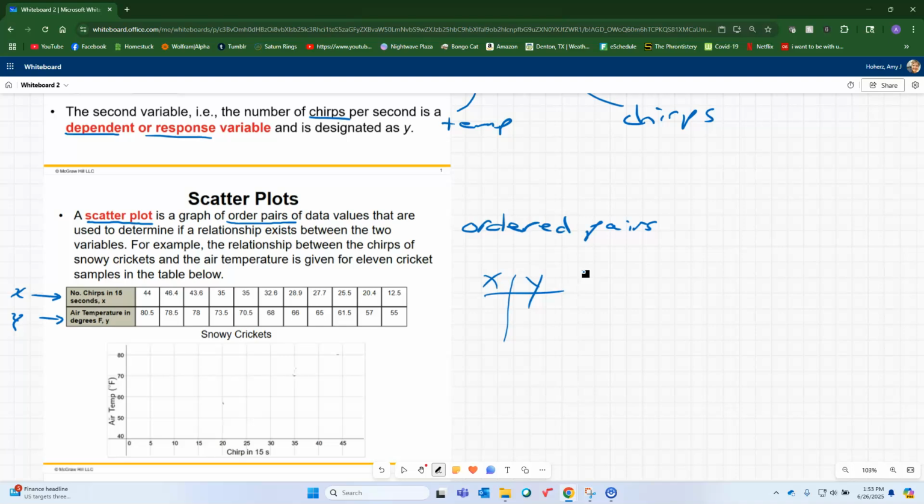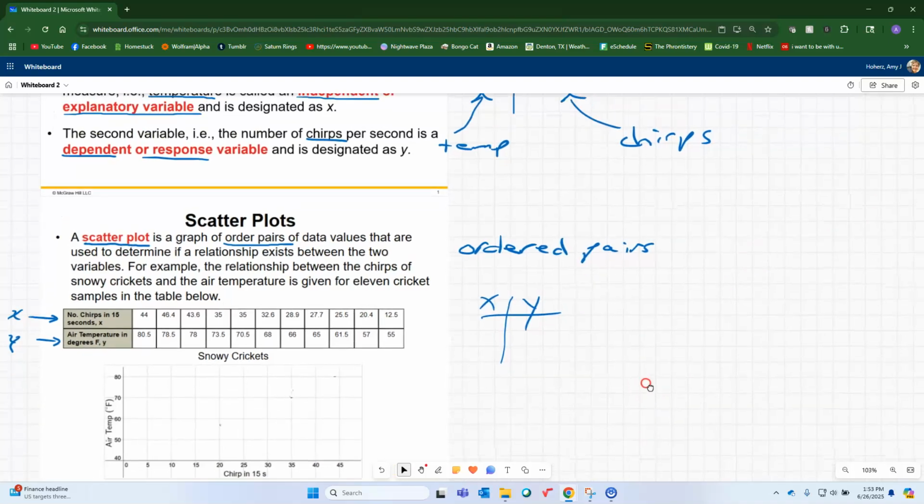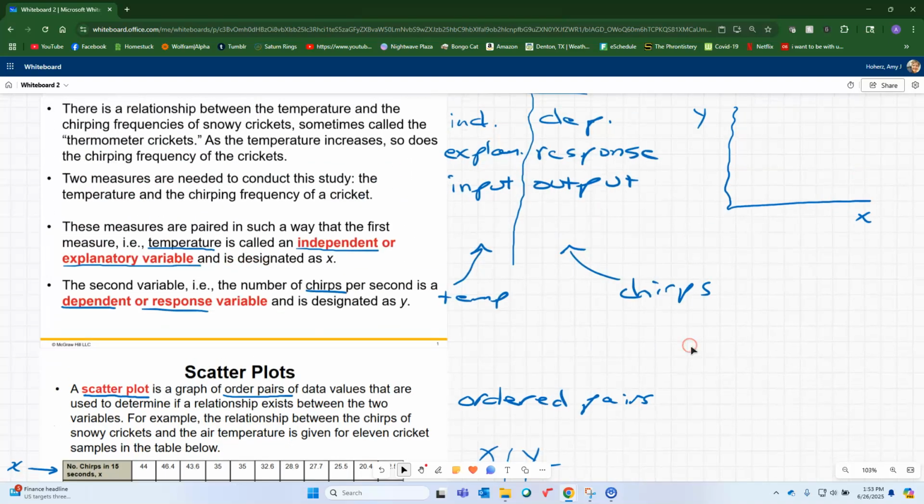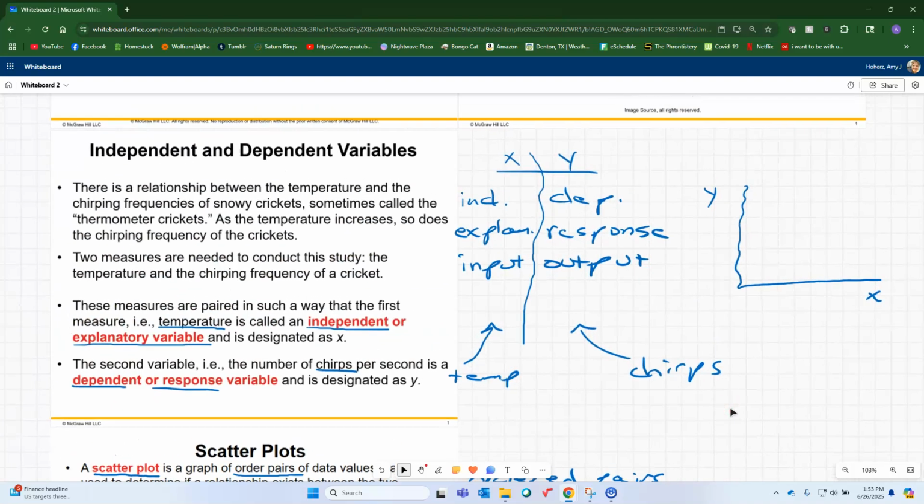You know what? I have this listed wrong on the other slide. We need to go back and fix this. I said the chirps was the output and the temperature was the input, and that is not the case. So for this table, please go back and fix that because I don't want you to be confused when you go back and look at it.